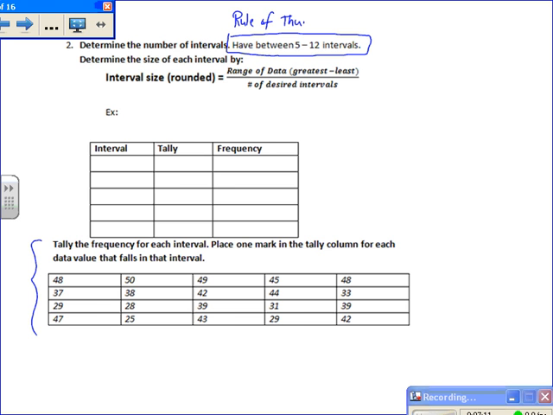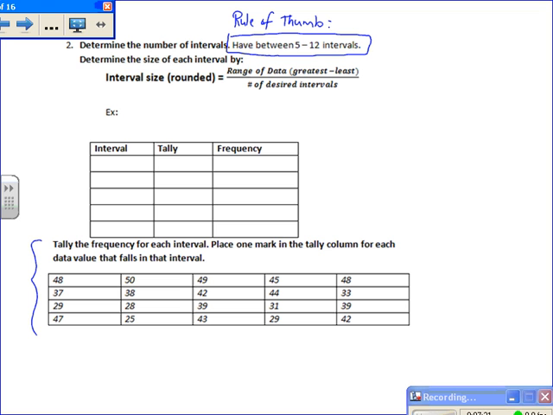If you have too many groups, more than 12, there's still too much data to look at. If you have not enough groups, if you took all of this data and put it into one group, for example, that wouldn't tell you anything. So we want somewhere between 5 to 12 groups.